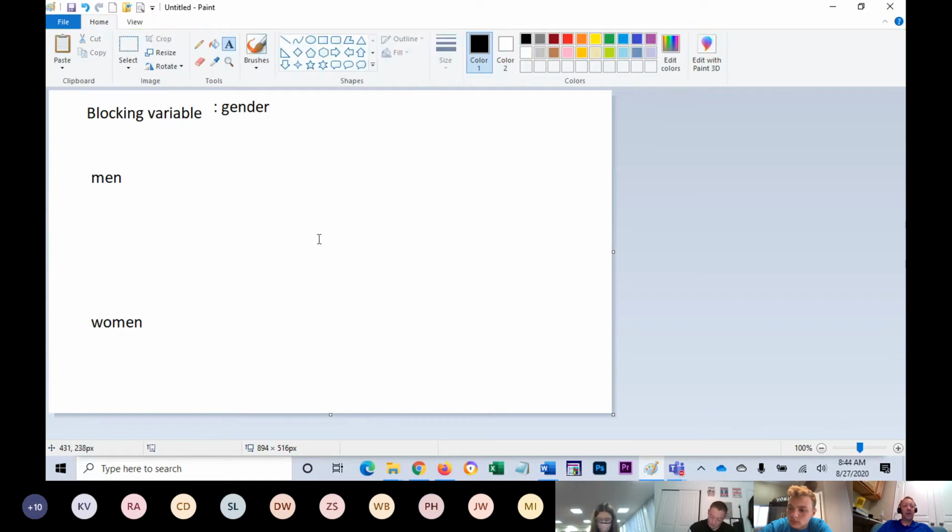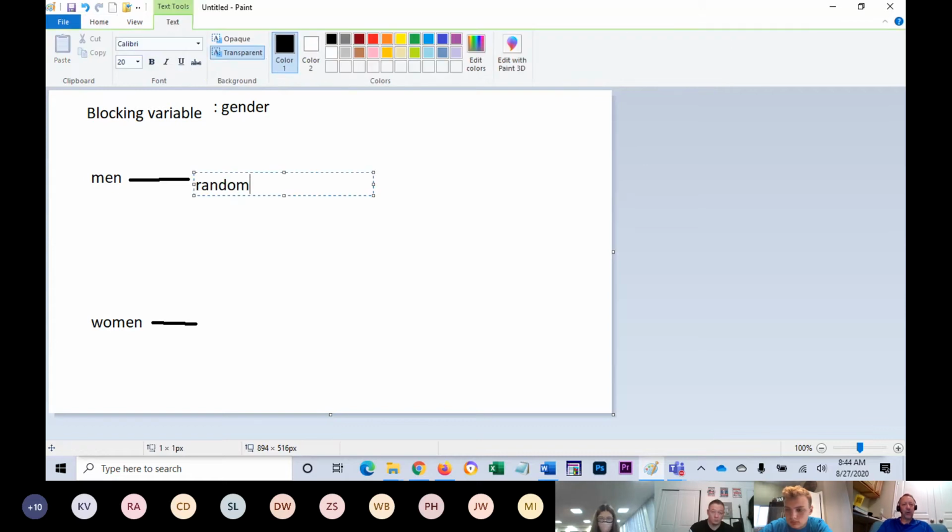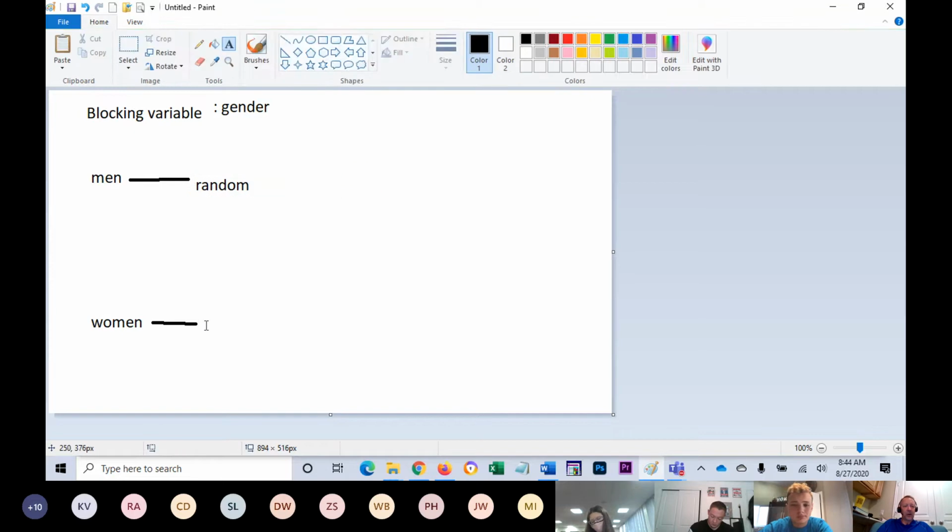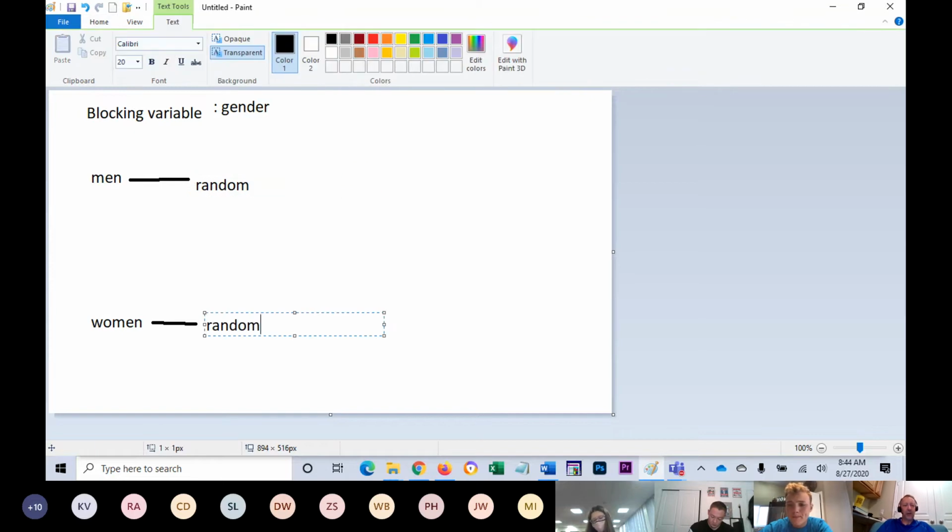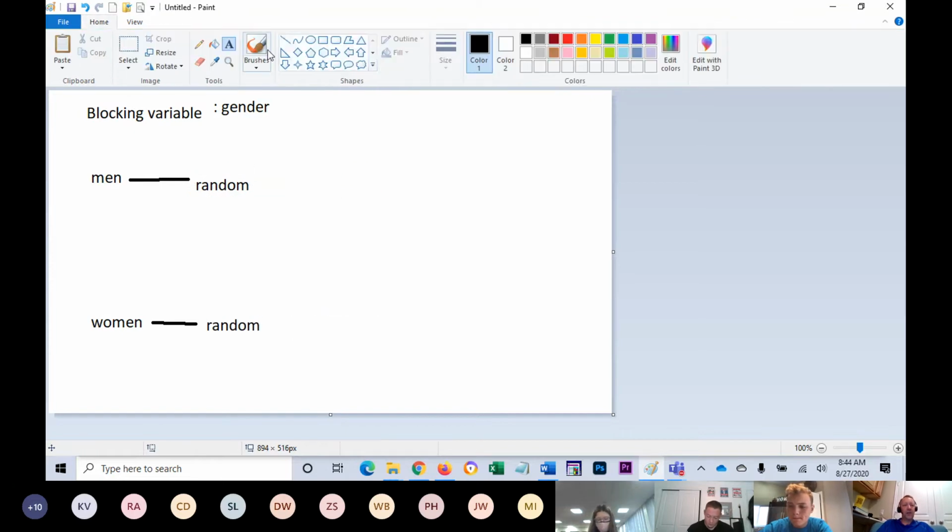And so we're going to block it into men and women. Okay. So once we do that, we're going to take our men, and at this point we're going to randomize. We're going to randomize the men, we're going to randomize the women, and then we will split it into groups, okay?